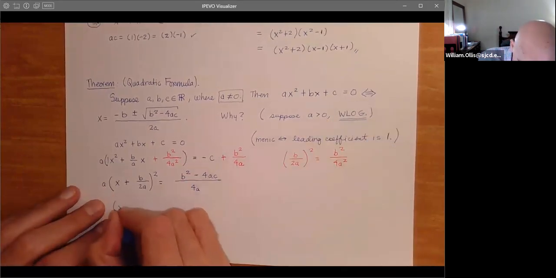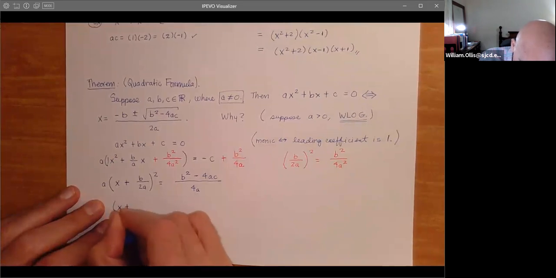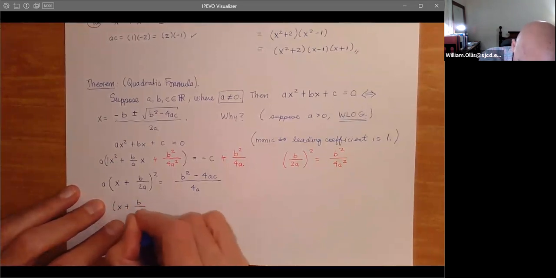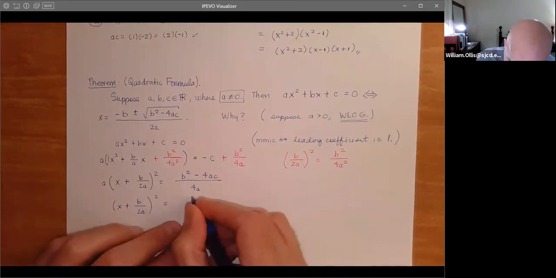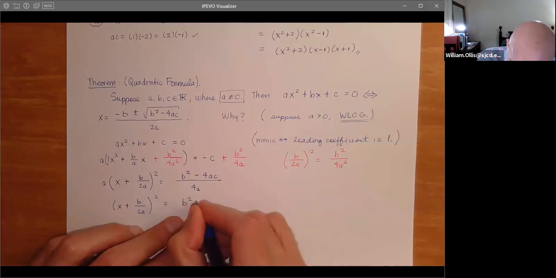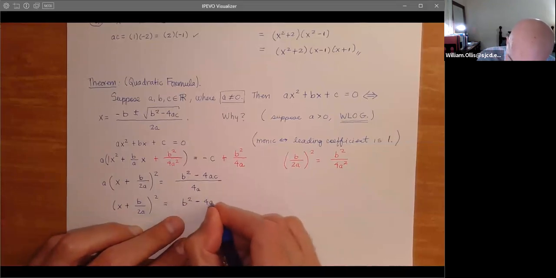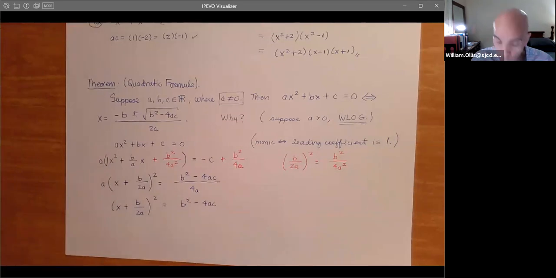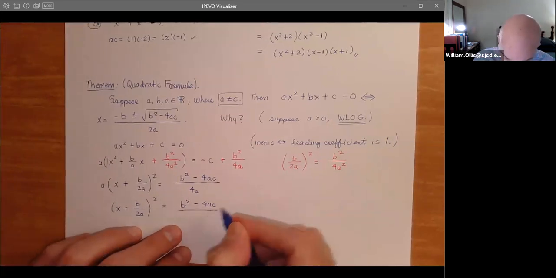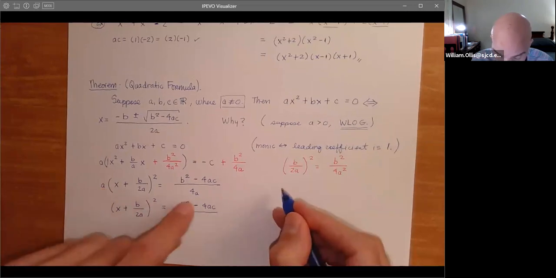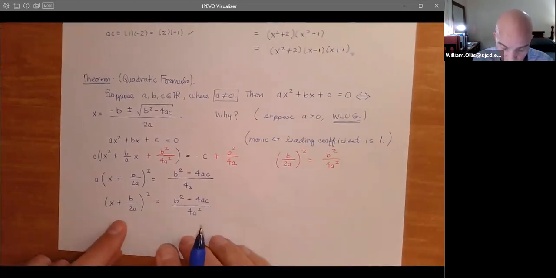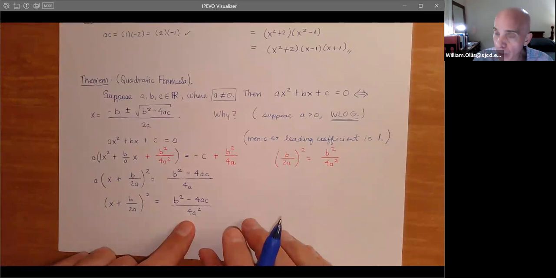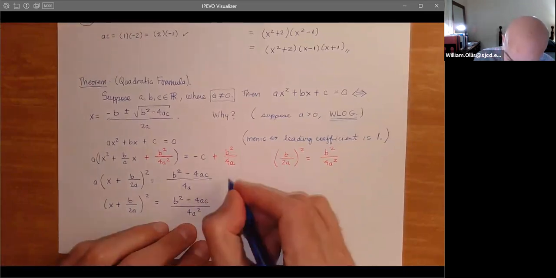So we have x plus b divided by 2a quantity squared equals b squared minus 4ac divided by 4a squared. So again, when we divide by a, we have 4a times a, or 4a squared. So now we have something squared equals a real number. And so we can use what we call the square root property.